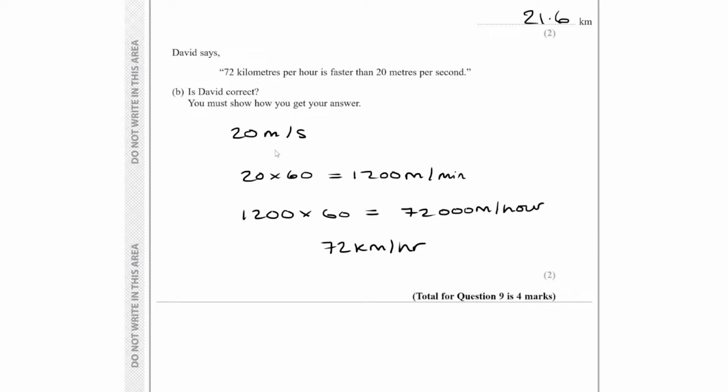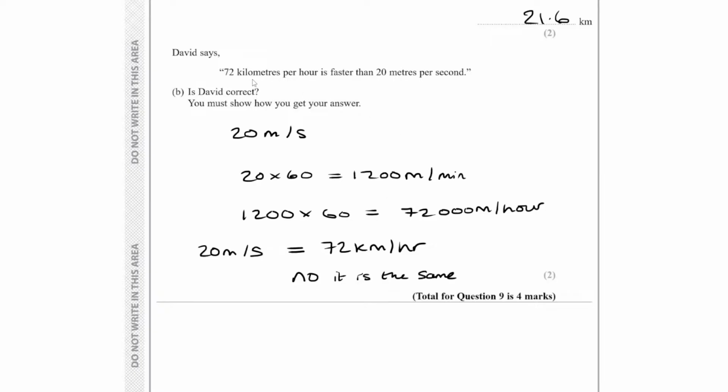So 20 meters per second is actually exactly the same as 72 kilometers per hour. So he said 72 kilometers per hour is faster. Is that correct? Well, no, it's not faster, it's the same, isn't it? That's how I did it.